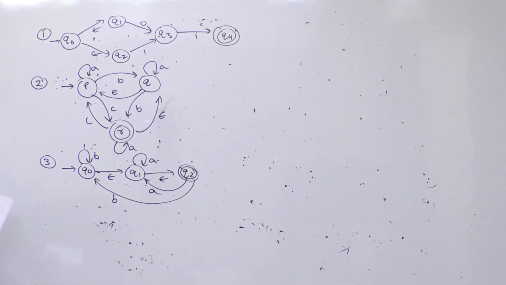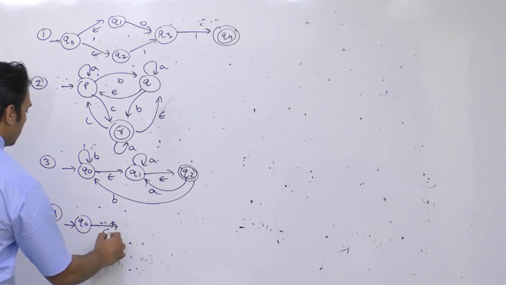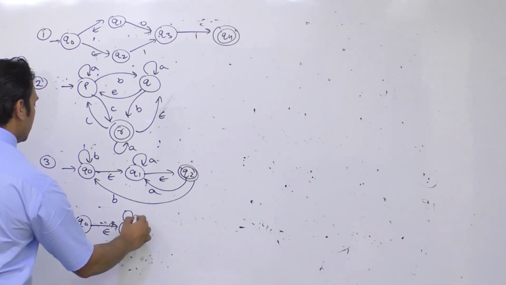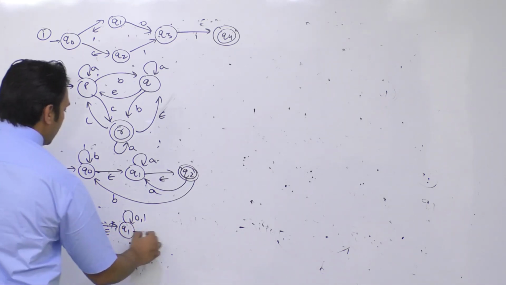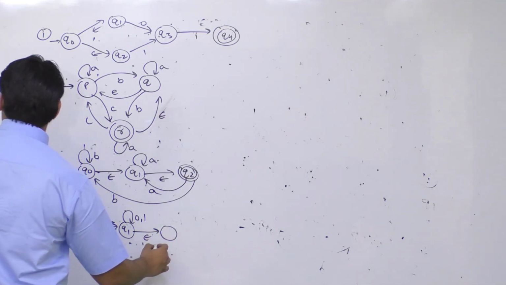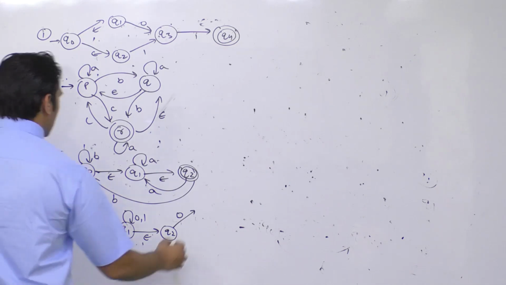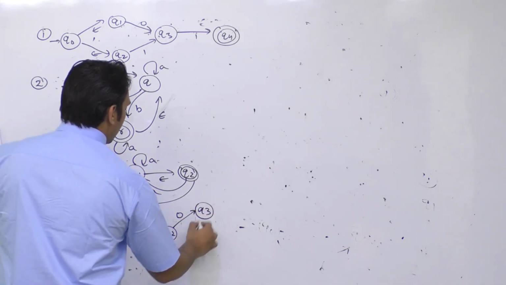Okay, I can also write one more example for your practice purpose only, but still I am not going to solve this here. This is the state Q0. By looking at epsilon, I am going to the state Q1. By looking at a symbol 0 or 1, I am going to Q1 only. By looking at epsilon, I am going to the state Q2. After giving 0, I am going to Q3.